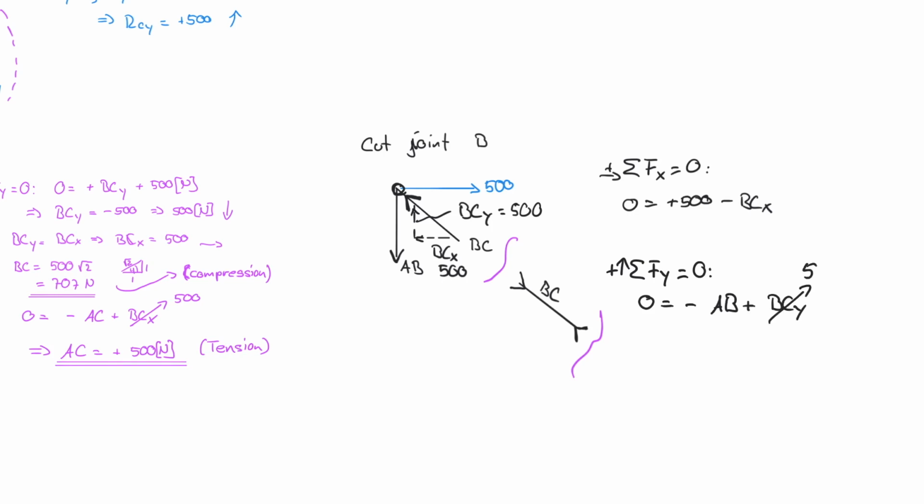Once again, that's 500. And so therefore I know that AB is equal to plus 500, which in this case means that it's correct, that it's going downwards. So what that really means is that this is in tension. So I need to identify that.